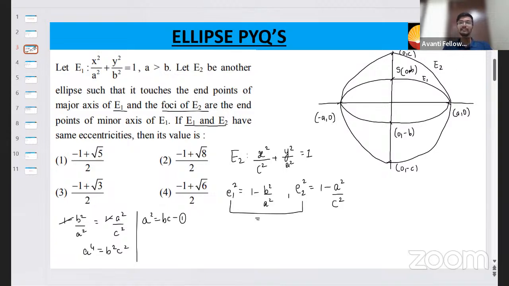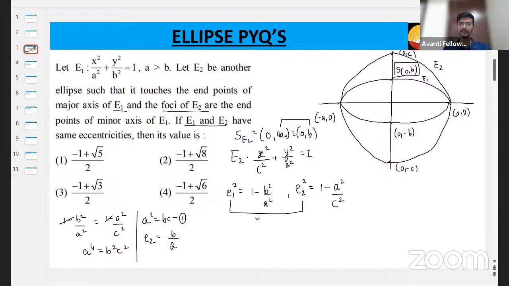Okay, and one more thing they have given, this focus. What will be the focus for E2? The focus of E2 will be 0 comma AE, sorry, 0 comma CE. So 0 comma CE, which according to us is 0 comma b, right?